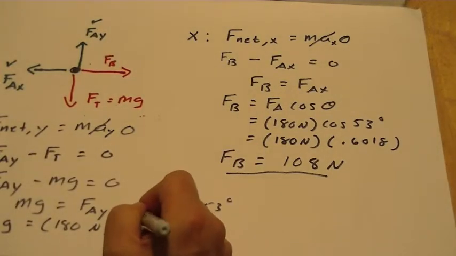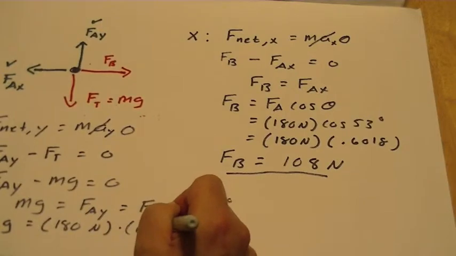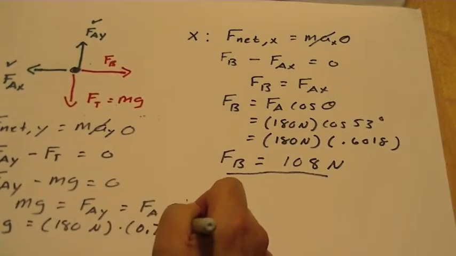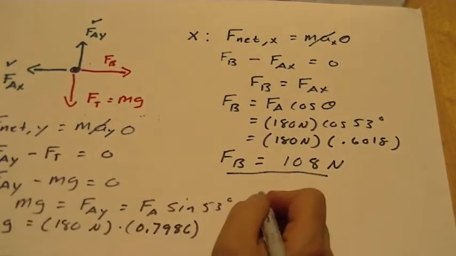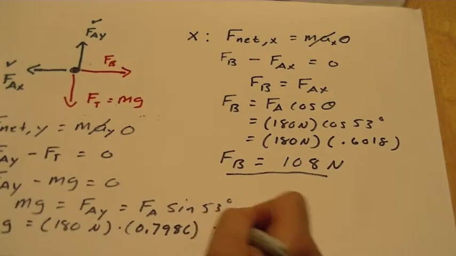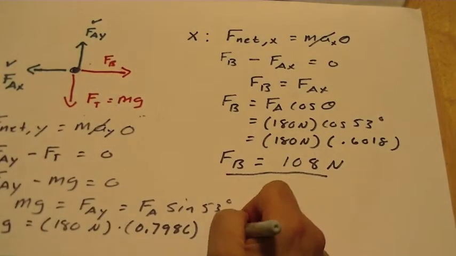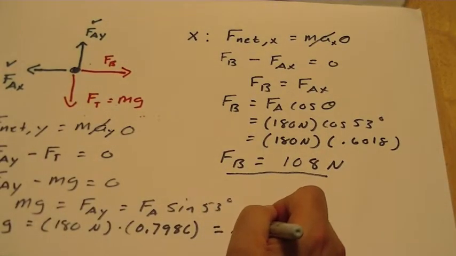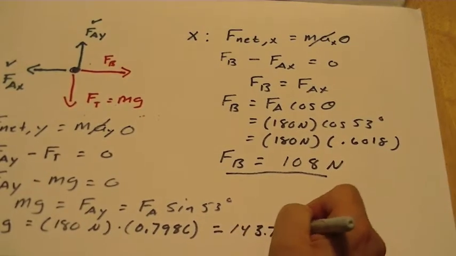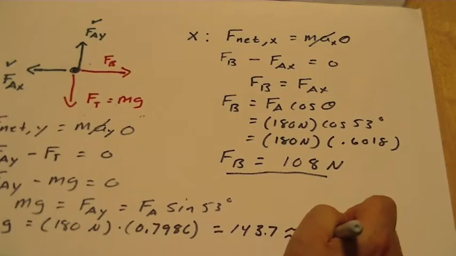And this will be the decimal 0.7986. Again, there's more digits, but that's plenty for the three significant figures. So when I multiply that out, I get that this is 143 newtons. Actually 143.7, which is approximately 144 newtons.